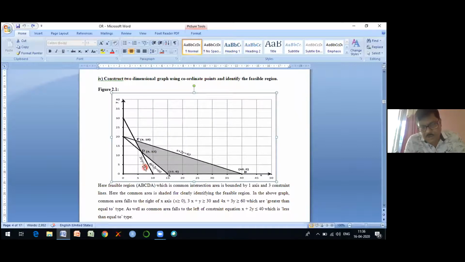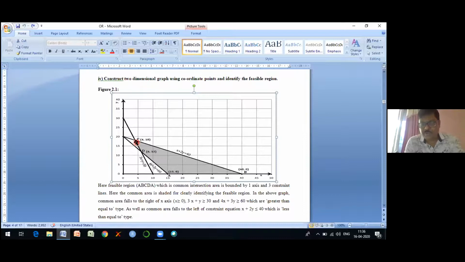And if you simultaneously solve these 2 equations, then you will get the value of this intersection point C, right? So obviously you will solve it after the lecture session at your home. Then you will get the value of x as 4 and the value of y as 18. So we are getting the value of the intersection point C.